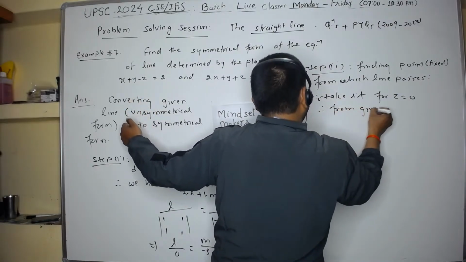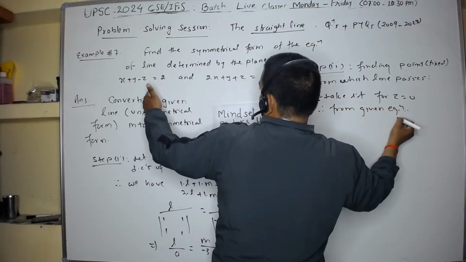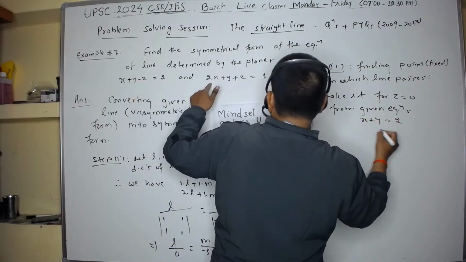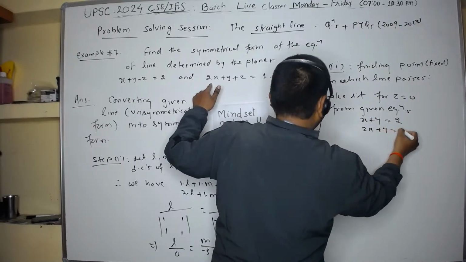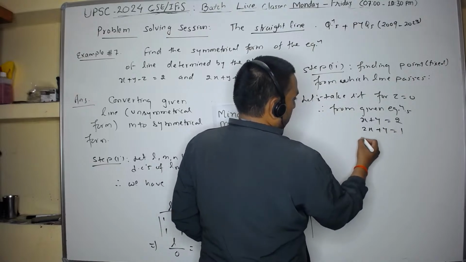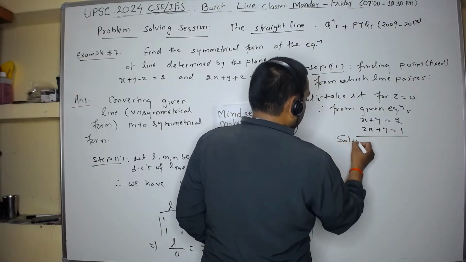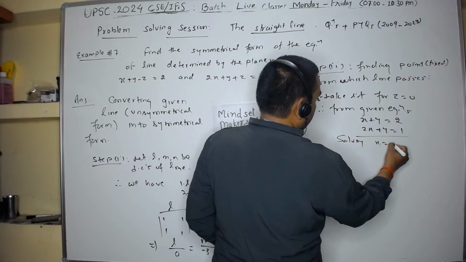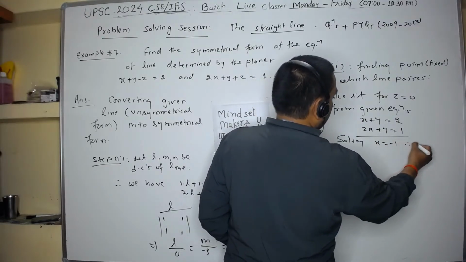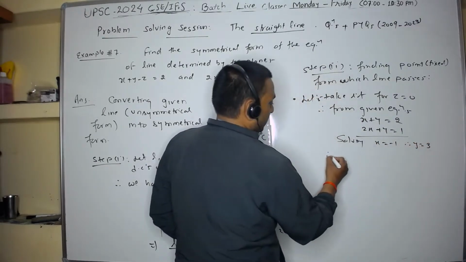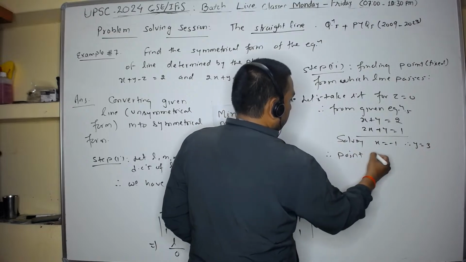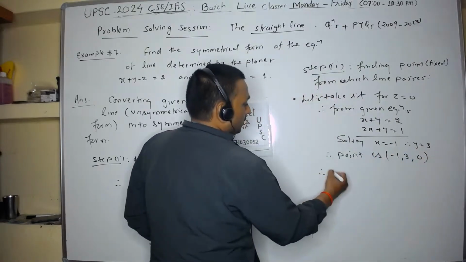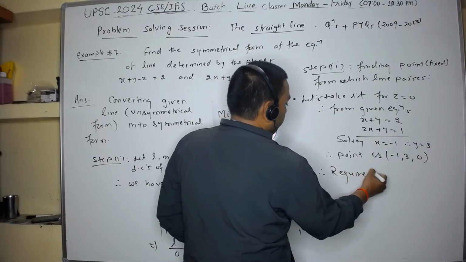So from the given equations we get x plus y equals to 2, 2x plus y equals to 1. On solving, I will be getting minus x equals to 1. So the value of x is -1, and the value of y is 3. So the point is -1, 3, 0.